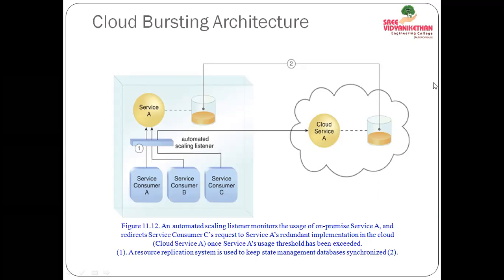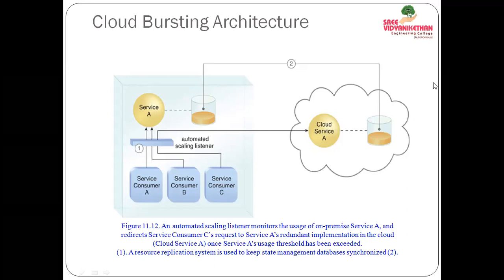At that point, the service request will be diverted to the service in the cloud network, that is, in the off-premise network. Also, there should be some mechanism to synchronize these two instances of the service.